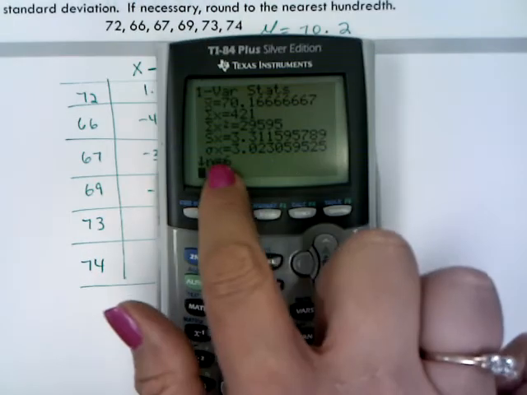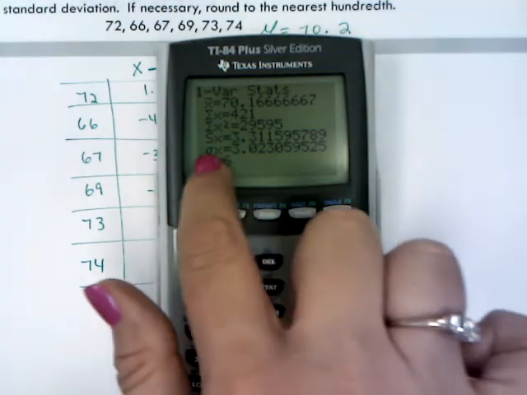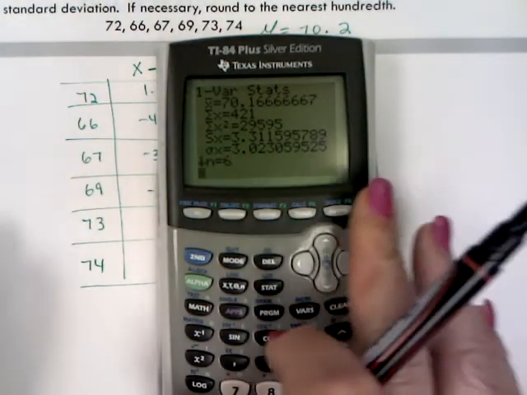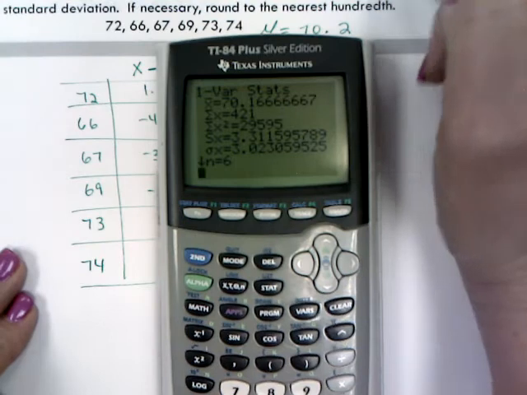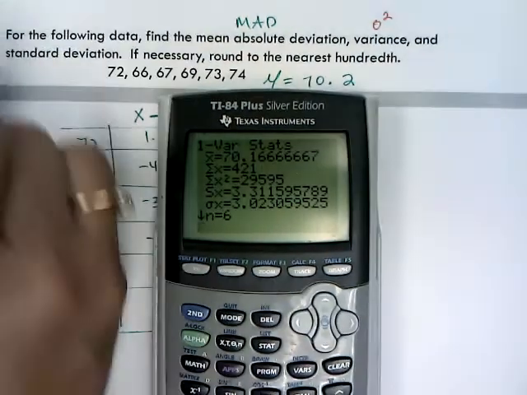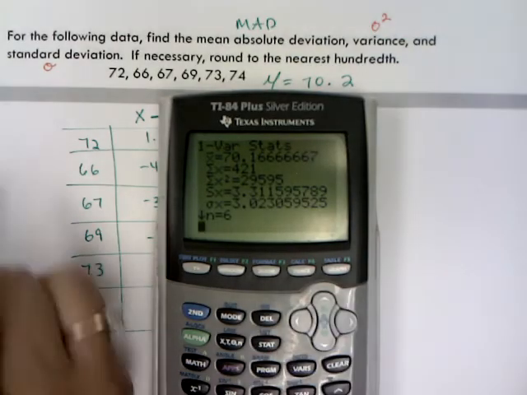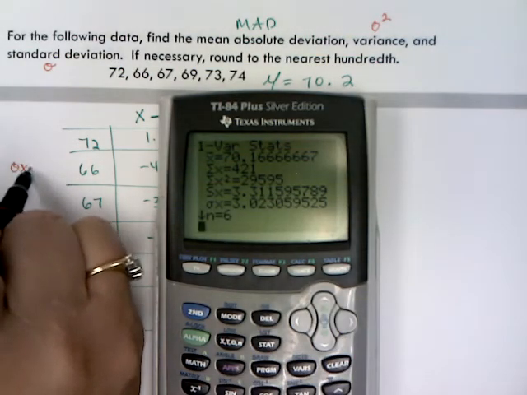It tells me that σx is 3.02. σx is standard deviation. Variance is σ squared. Standard deviation is just the plain σ, and on the calculator, it's σx.